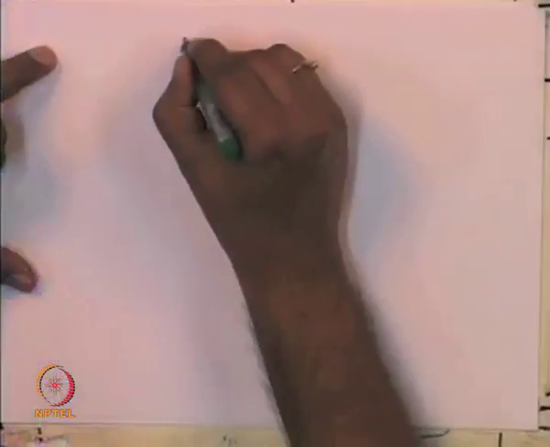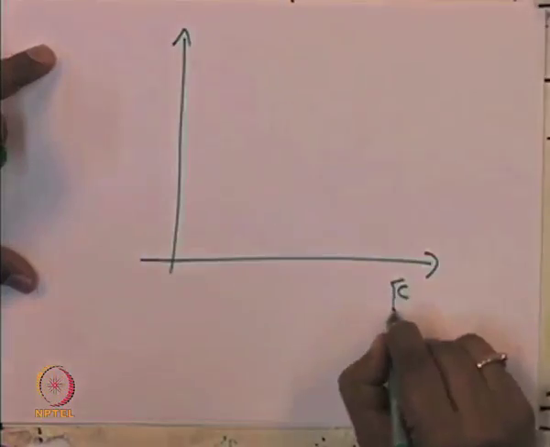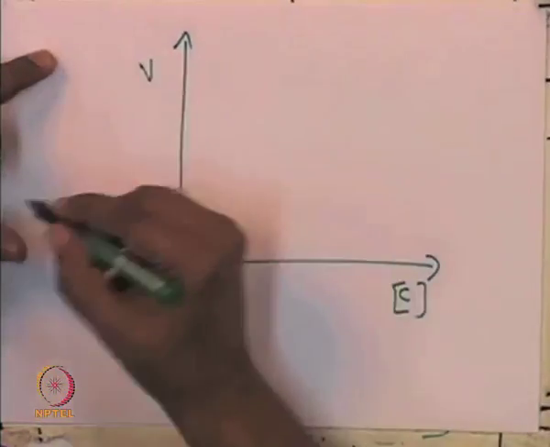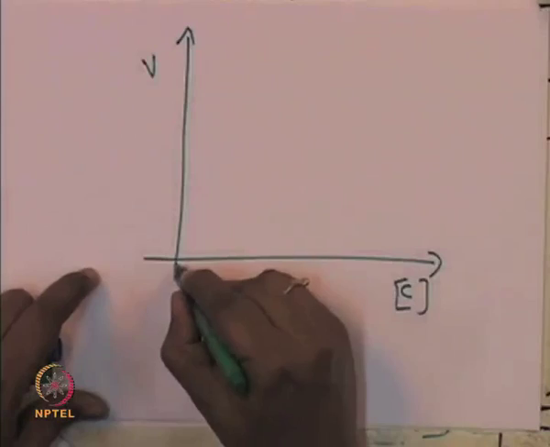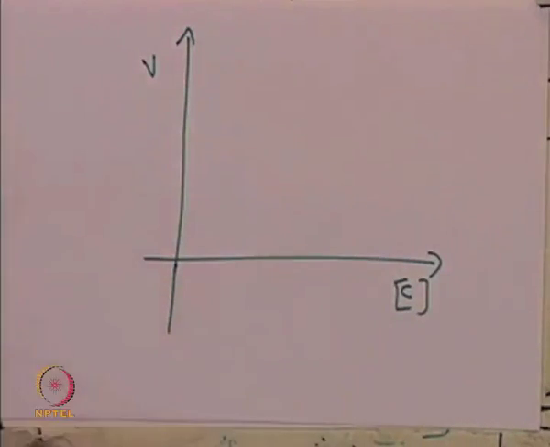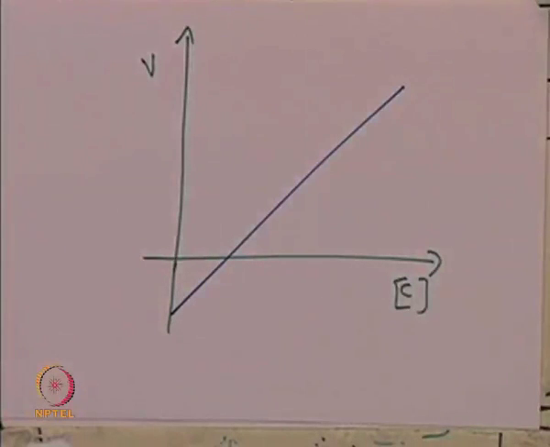We had this curve, which is concentration versus velocity for actin, and the curve for actin looked something like this. Now, if you do an experiment for some other polymer, let us say microtubule, how will the curve look?